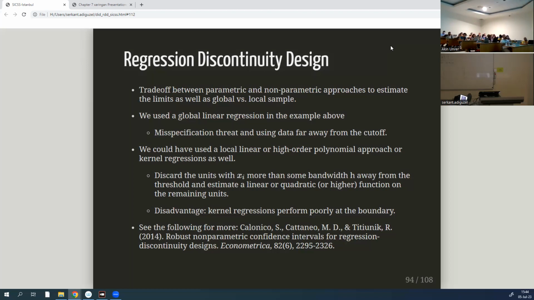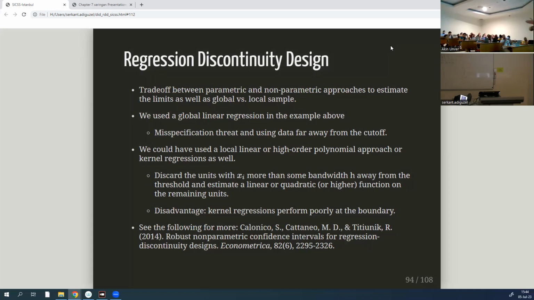Then if you estimate the RDD, the difference is going to be huge, but that's driven by this one data point. That's why Calonico et al. also incorporate that bias, so they fix that bias as well. The state of the art right now in RDD uses their method. That's the moral of the story.